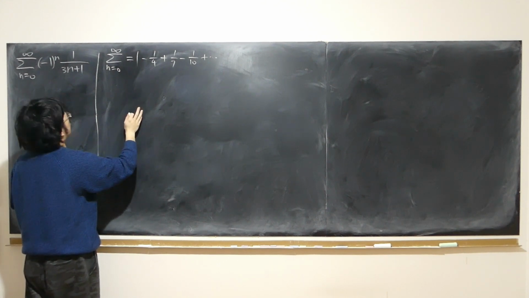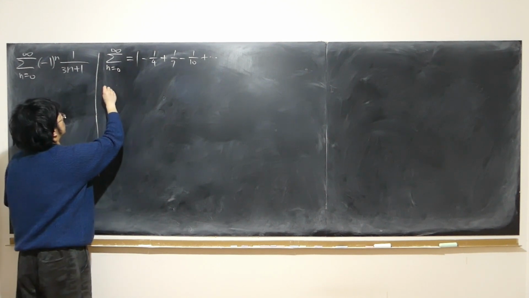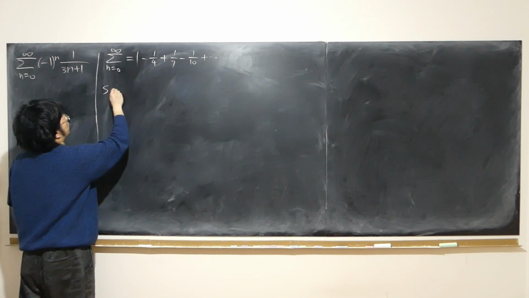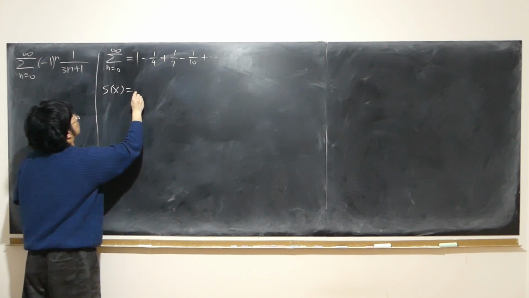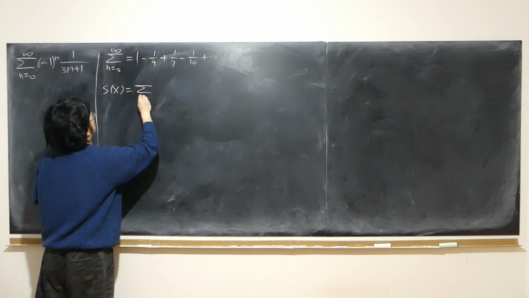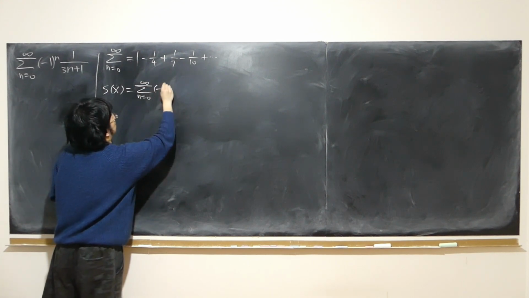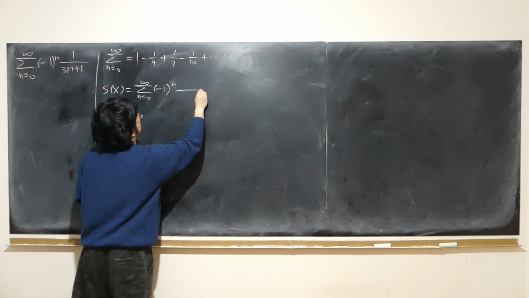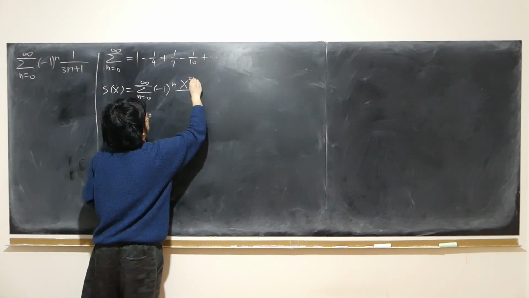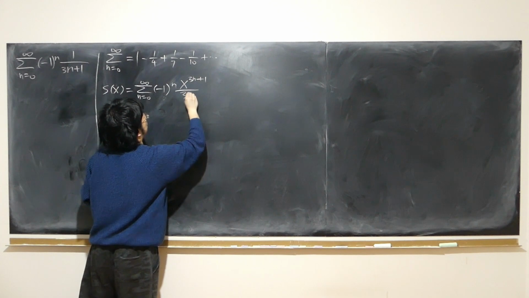But convergent to what? So we're going to first construct a generating function S of x, called infinite sum from 0 to infinity of negative 1 to the power of n times x to the power of 3n plus 1 over 3n plus 1.